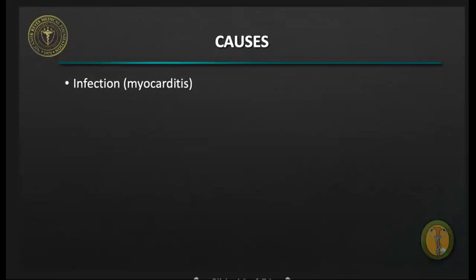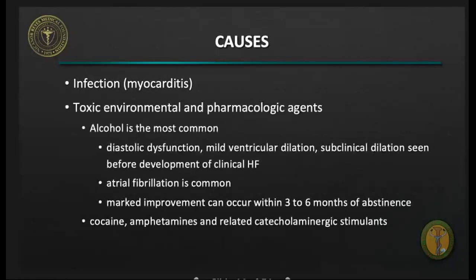The common cause of dilated cardiomyopathy is secondary to infection of the myocardium, or myocarditis. It could also be caused by toxic environmental and pharmacologic agents such as alcohol, which is the most common toxin. Excess consumption of alcohol may contribute to 10% of cases of heart failure. Toxicity is attributed to both the alcohol and its primary metabolite, acetaldehyde.